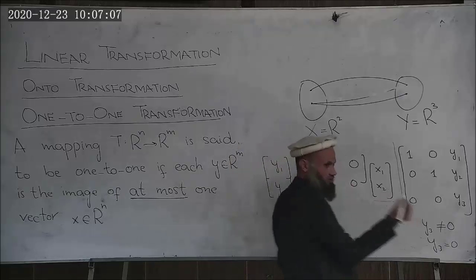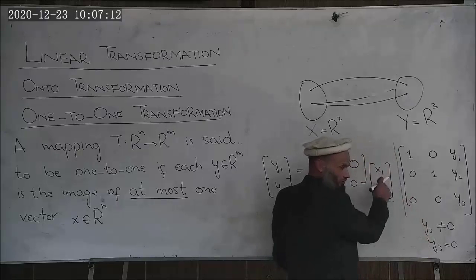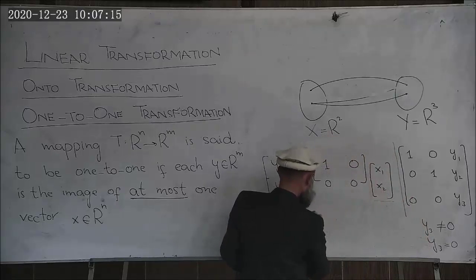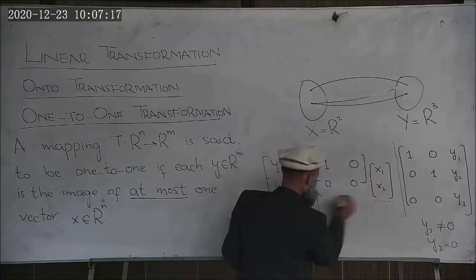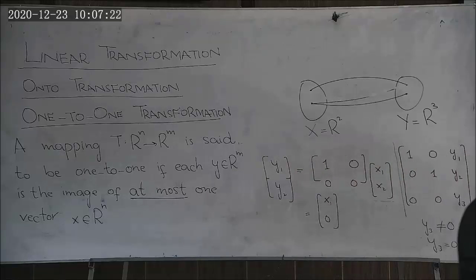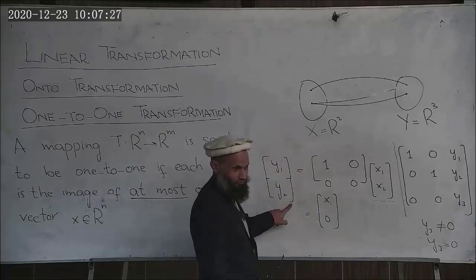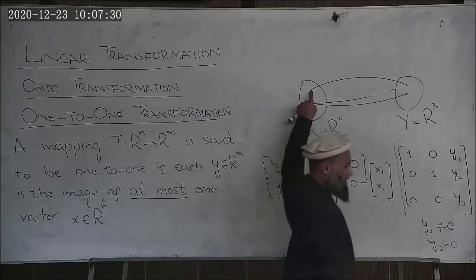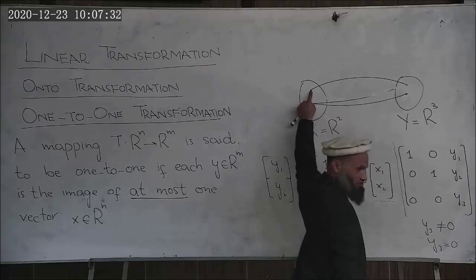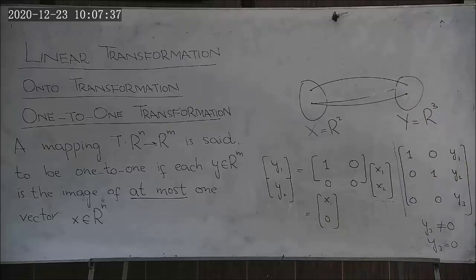This multiplication can always be performed. Take any value of this, and this will simply be x1, 0. So corresponding to any value of x, you are able to find the value of y. That is, corresponding to any vector in this space, there exists an image. So the rule has assigned a vector, so this is a transformation.